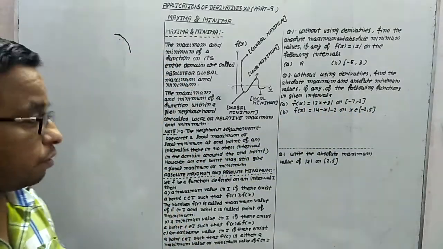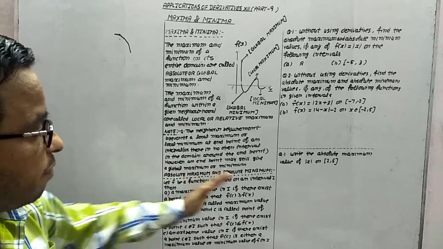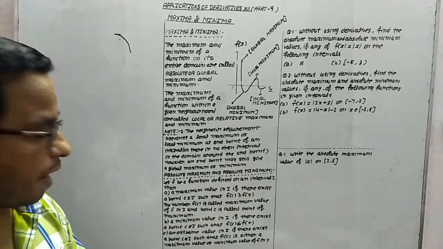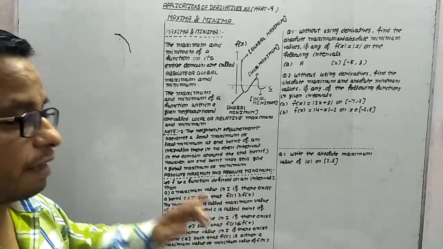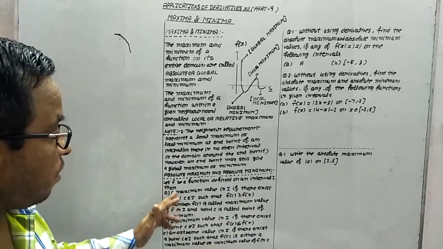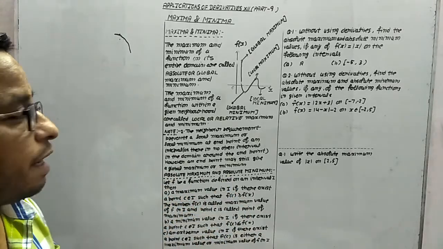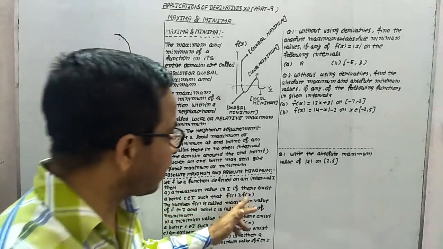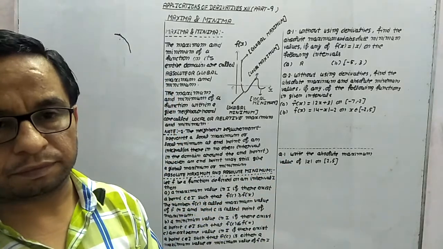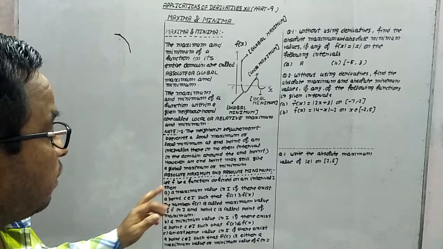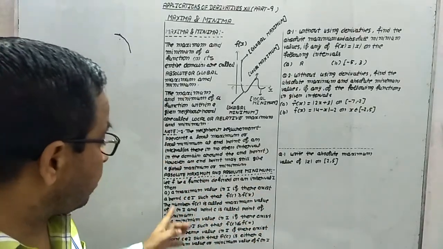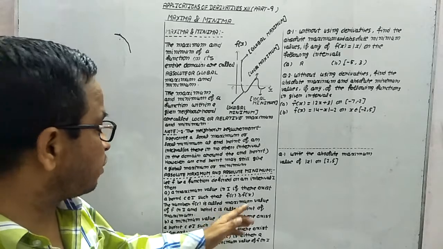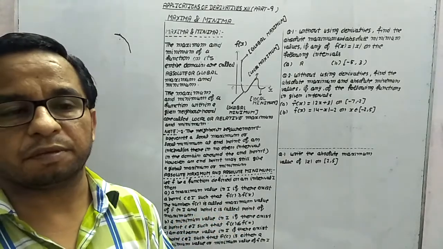So what are the rules? The rule is this: let f be a function defined on an interval I, then a maximum value in I, if there exists a c belonging to I such that f(c) is greater than or equal to f(x). Then in this case, the number f(c) is called the maximum value and the point c is called the point of maximum.